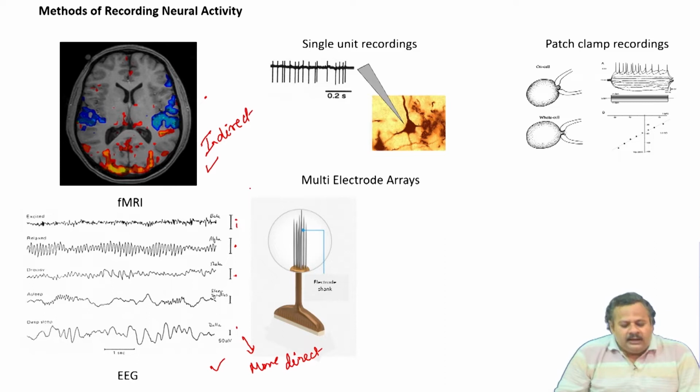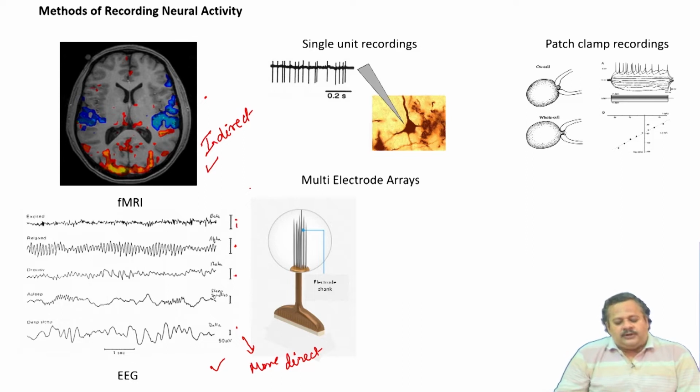So again, EEG also allows us to do diagnosis and can be used for a number of decoding techniques. That is, EEGs have been the basis of designing brain-computer interfaces.